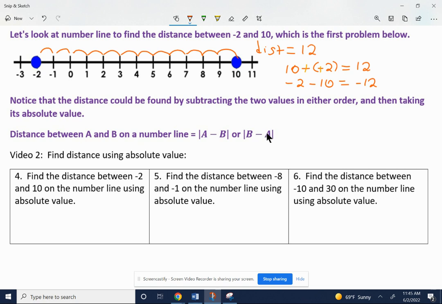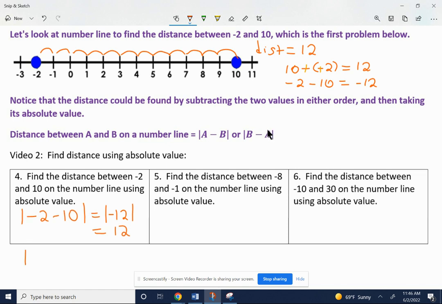So let's look at the first problem here with your shortcut. We know the answer is 12. If I want to find the distance between -2 and 10, I could take -2 minus 10 and absolute value it. -2 minus 10 is -12. So that's the absolute value of -12, which is 12. I could have also taken the two numbers and flipped them around.